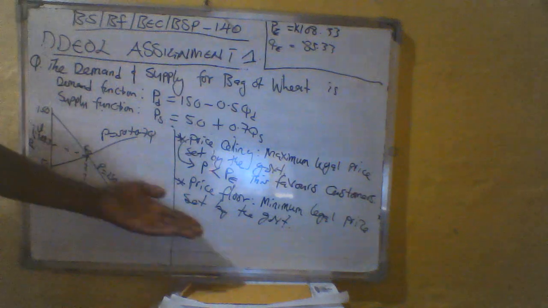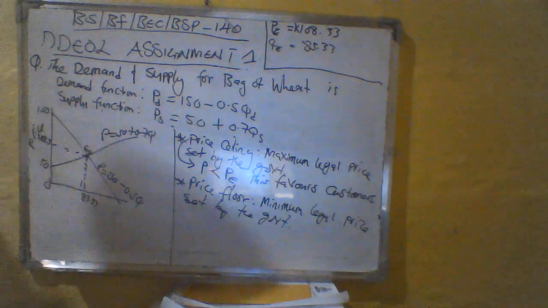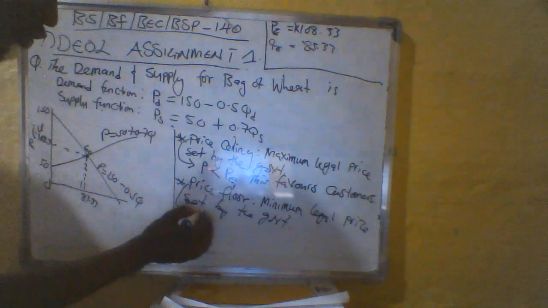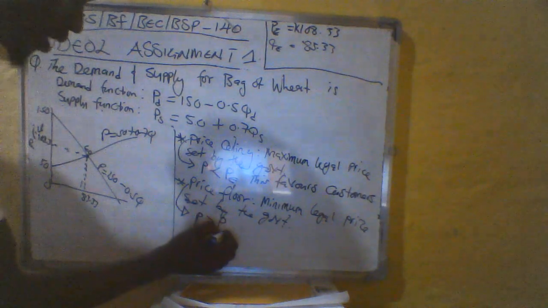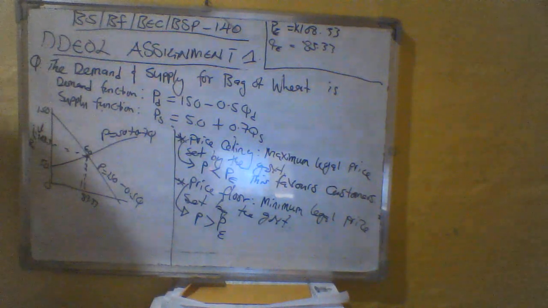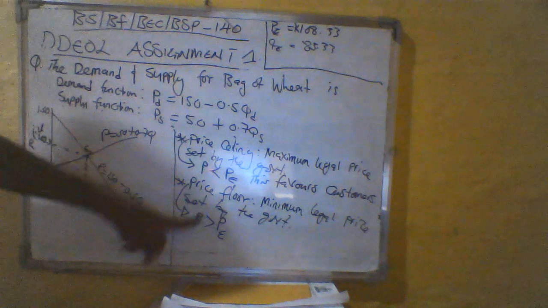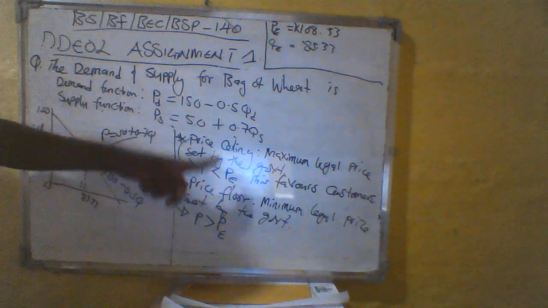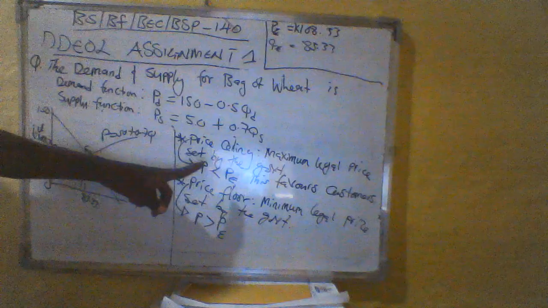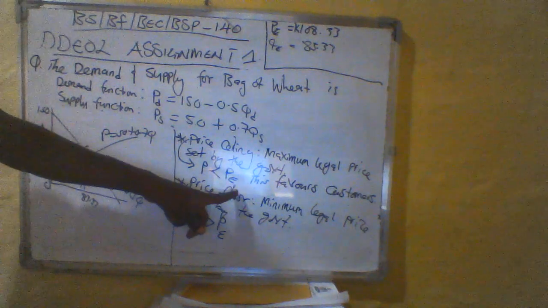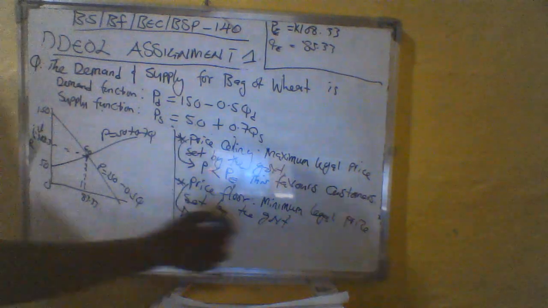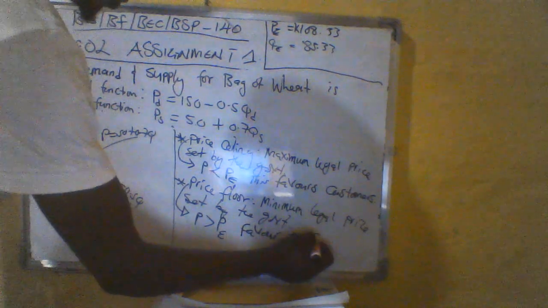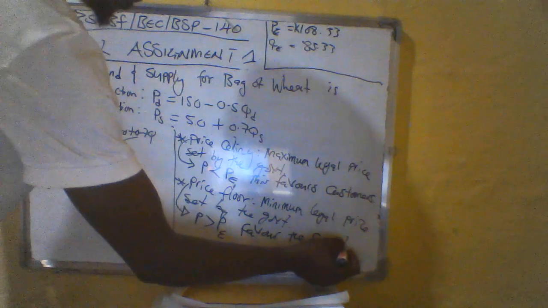In most cases this minimum legal price should be greater than the equilibrium price. So what is imposed to become the price floor should be something more than the equilibrium price, but the price ceiling should be something less than the equilibrium price. This one favors the suppliers.